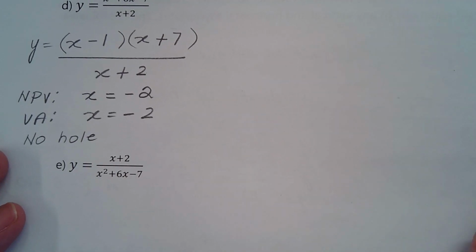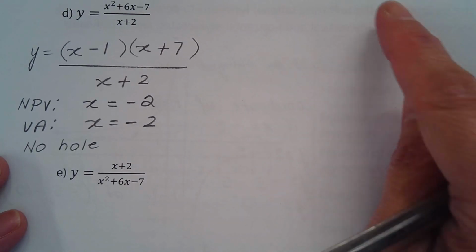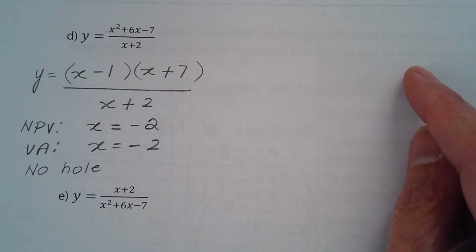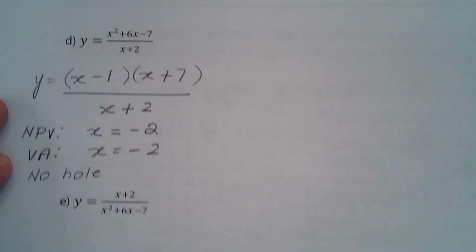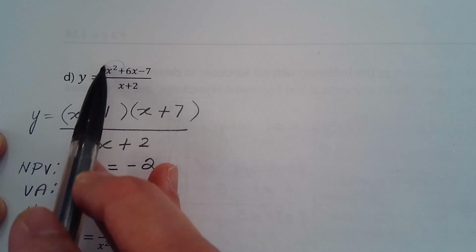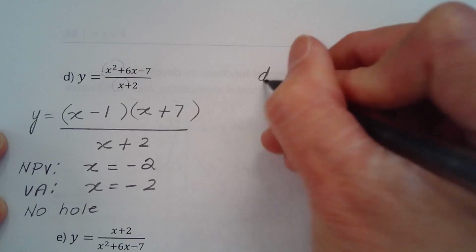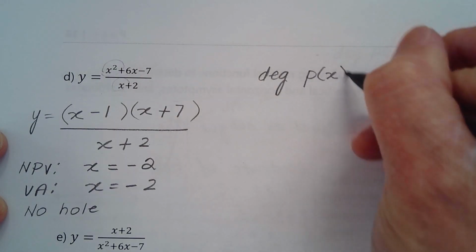Okay, so what do we do? What about horizontal asymptote? And this is where we're going to see the horizontal asymptote. So nothing cancels. What are we going to do? The degree of the numerator is greater than the degree of the denominator. I'll write it down, just in case people are wondering what we're talking about.